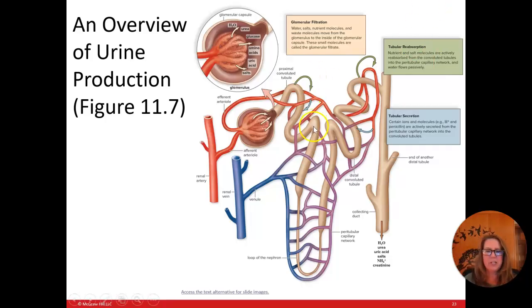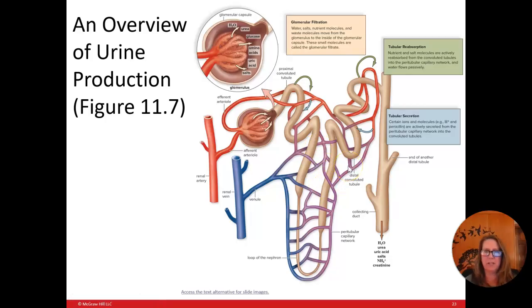Now you see, your book isn't going to get too detailed about this, but we also see in blue the tubular secretion. So certain ions or molecules like hydrogen protons and the antibiotic penicillin are actively secreted. So this means we want to get rid of it from these convoluted tubules.